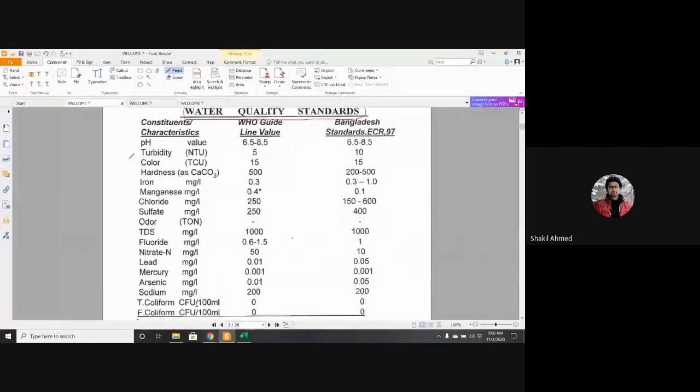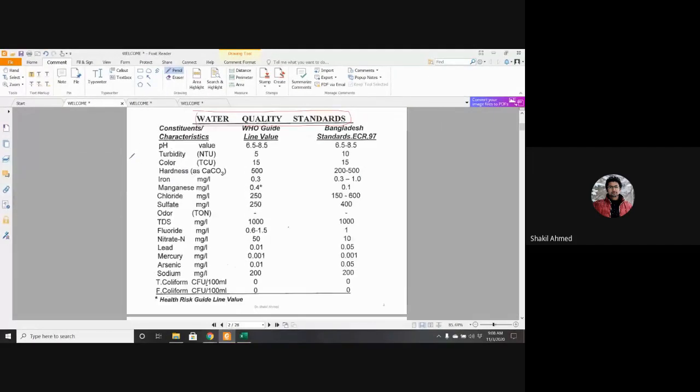It tells you that for water to be eligible or suitable to drink, it must maintain some criteria. That means the pH value should be in this range.